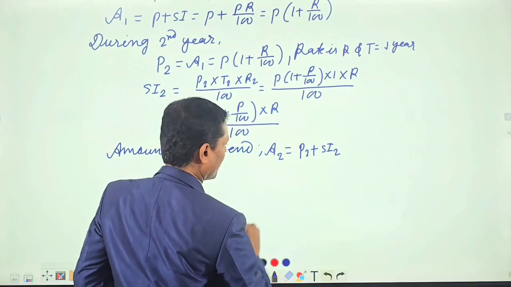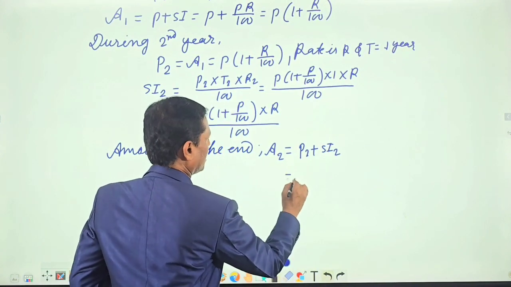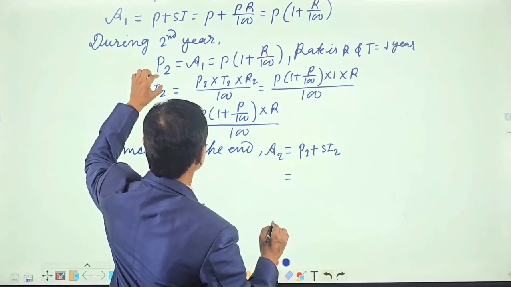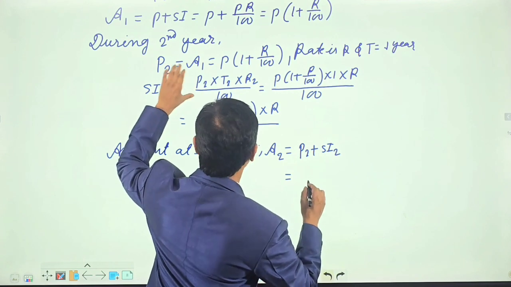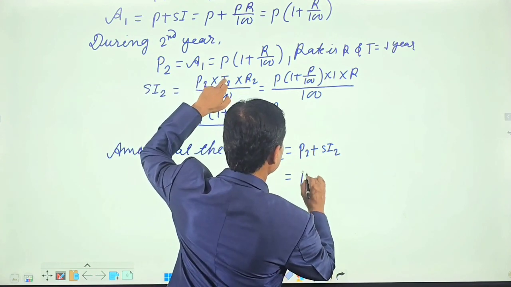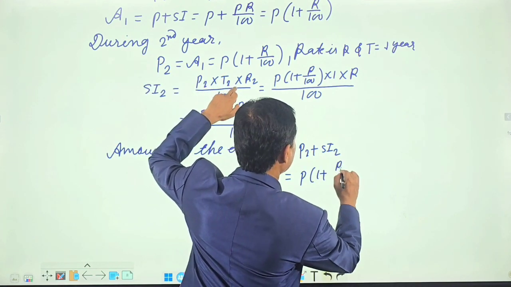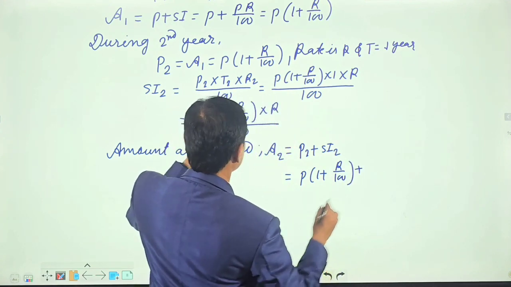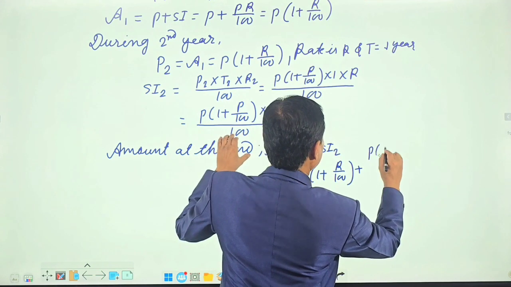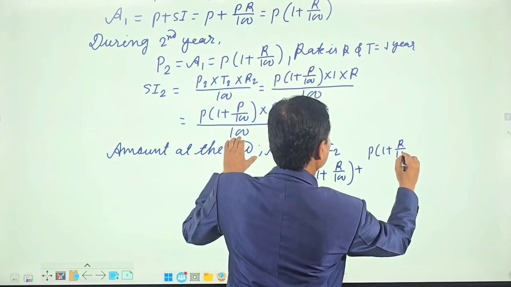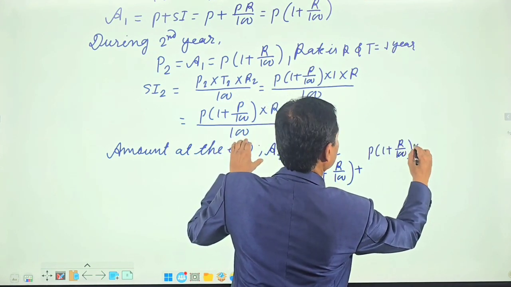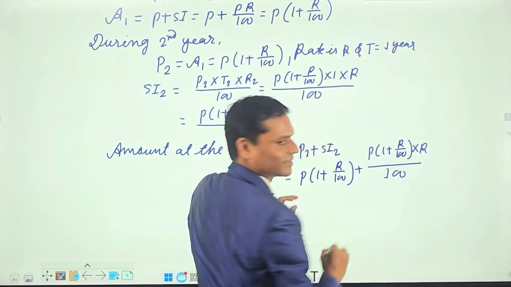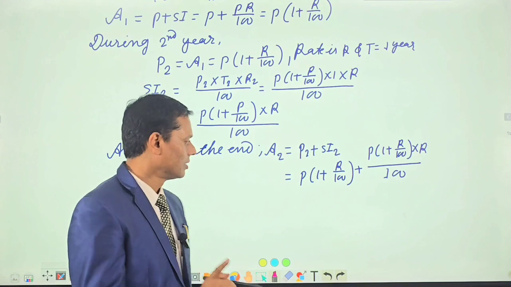Now what happens here? P2, we have recently found the value of P2 here, isn't it? That is P2 equals P times 1 plus R over 100, and plus SI2, we have here P times 1 plus R over 100 into R divided by 100. That's correct.